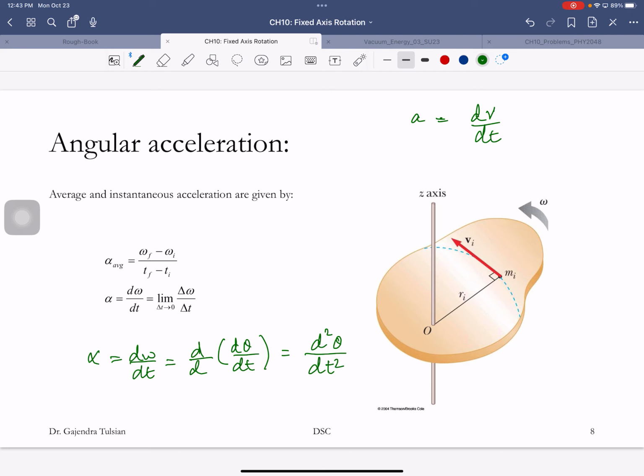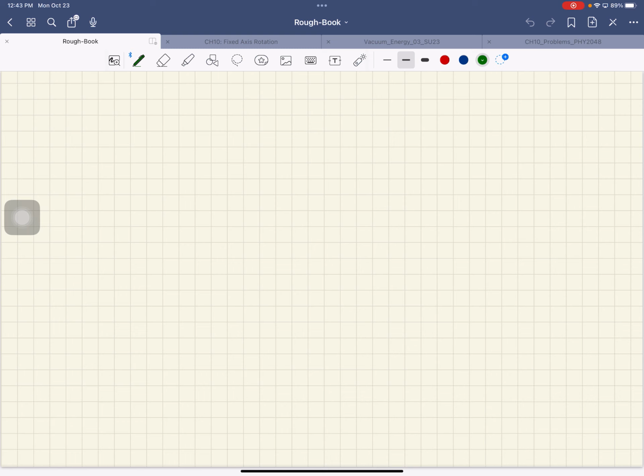All right, so going back to that example, let's say you have this disk that is rotating about this axis, and you're measuring the angular position of this guy with reference to this line, okay.